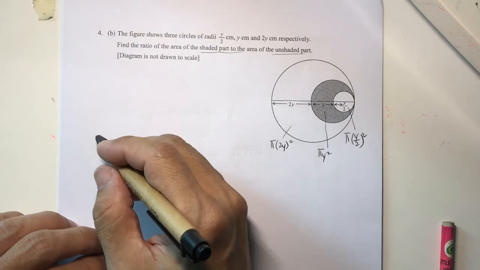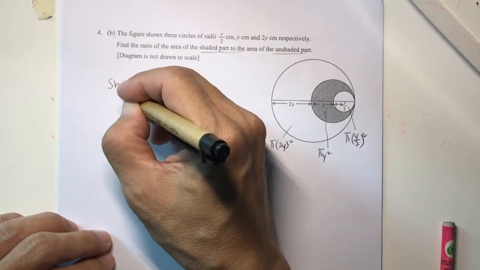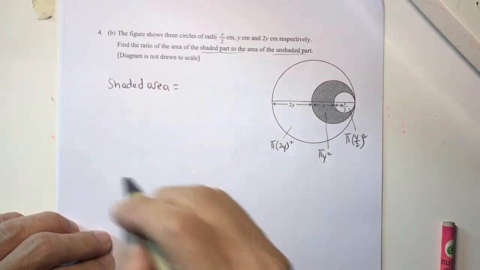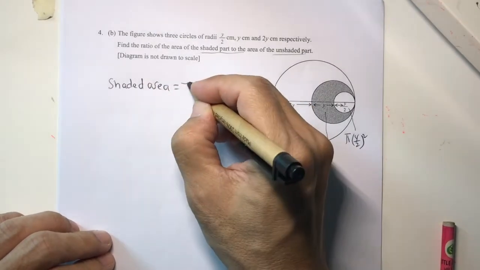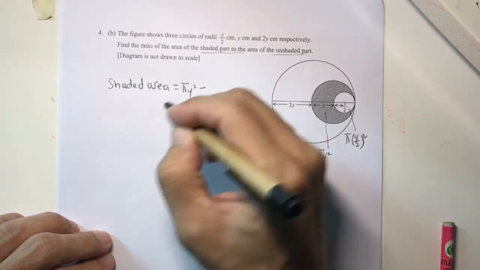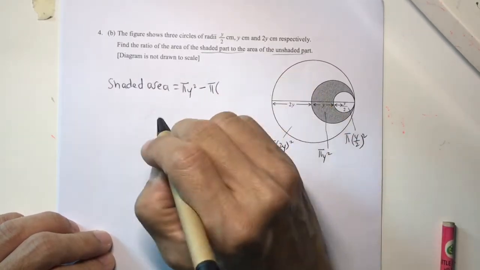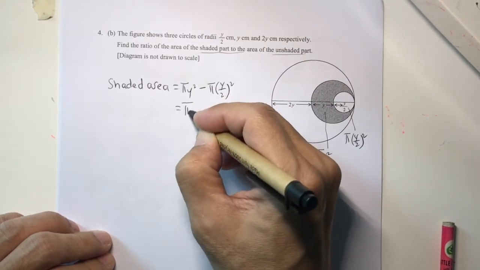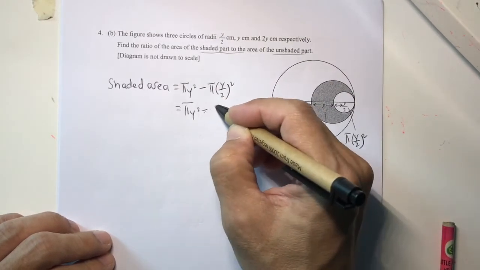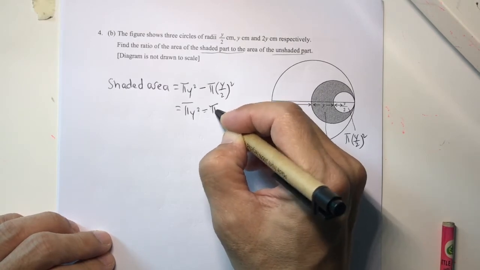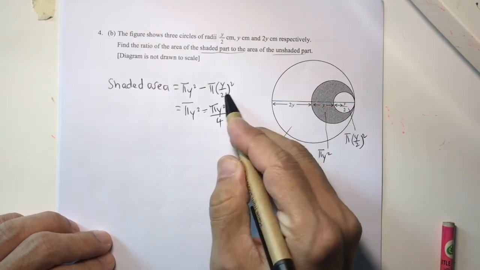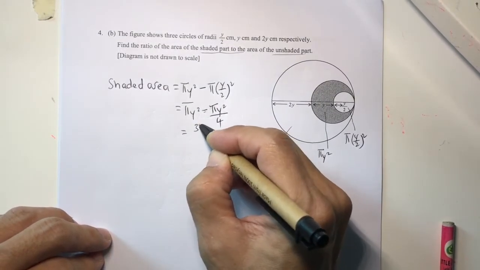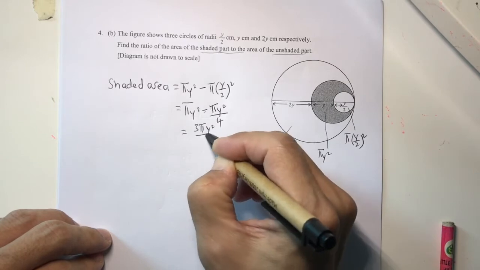So now let us find the shaded area, which is just pi y square minus pi (y over 2) square. That is pi y square minus pi y square over 4. 2 times 2 is 4. And that gives us 3/4 pi y square.